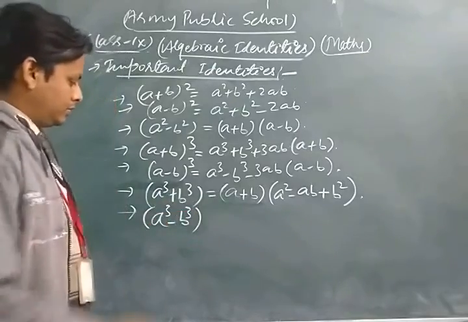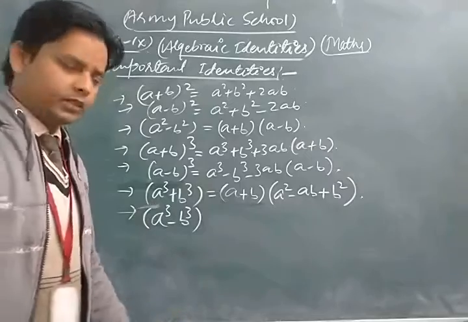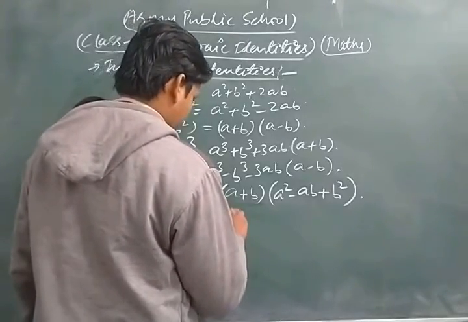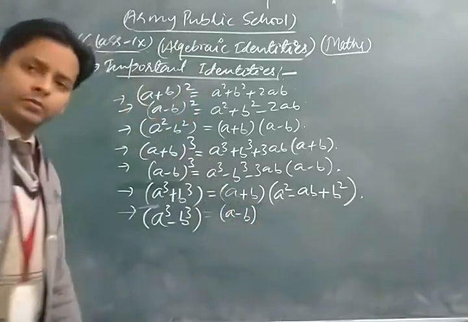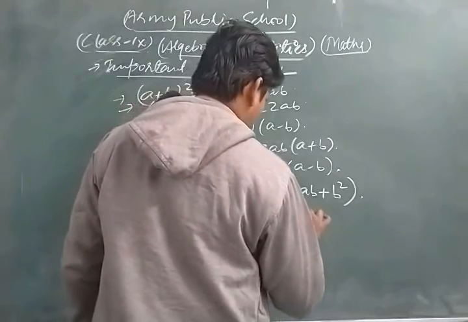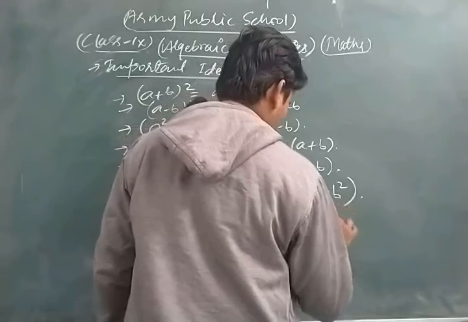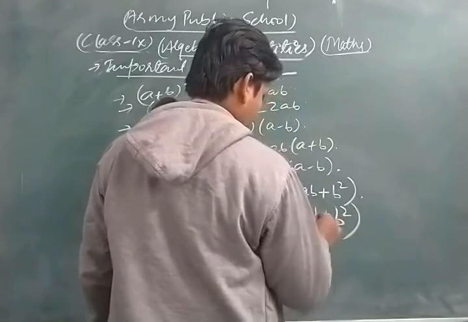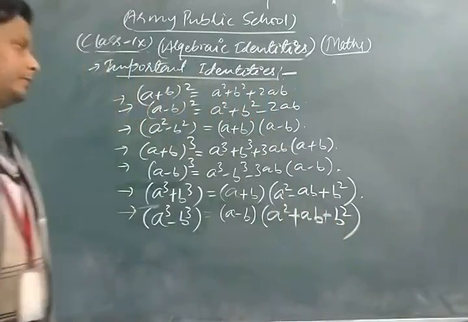Now next one is A cube minus B cube. This is also very important, which is equal to A minus B in one bracket and in another bracket A square plus AB plus B square.